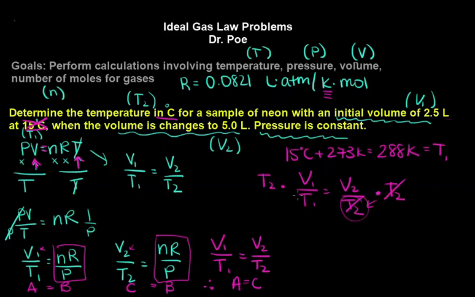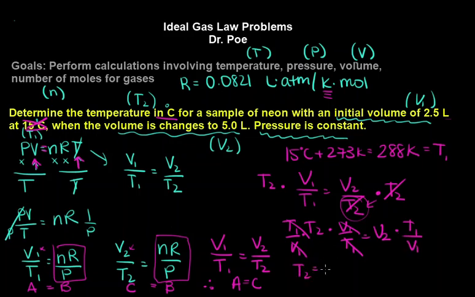That's going to cancel. T2 times V1 over T1 equals V2. Okay, and then I'm going to multiply both sides by T1 over V1, the reciprocal of this. So T1 cancels T1, V1 cancels V1. And do the same thing on this side, T1 over V1.